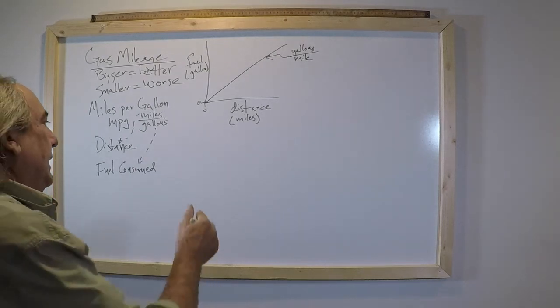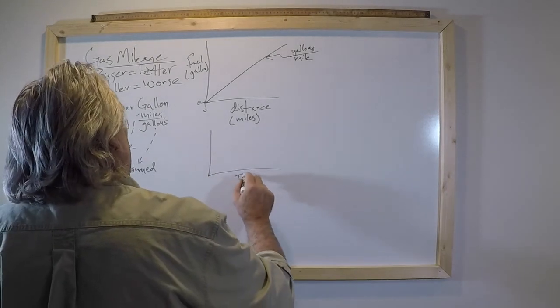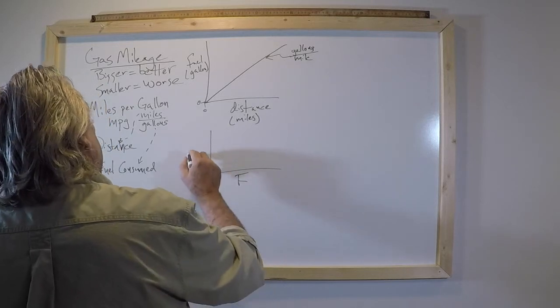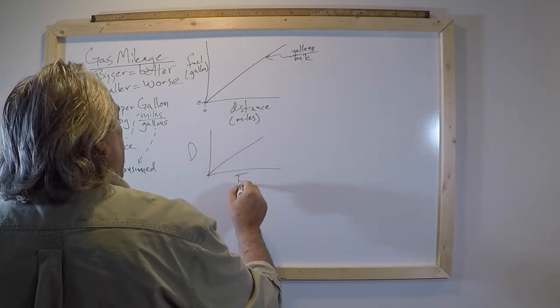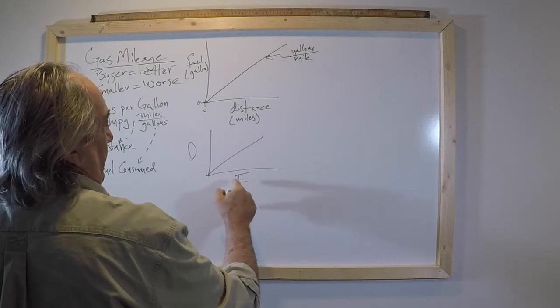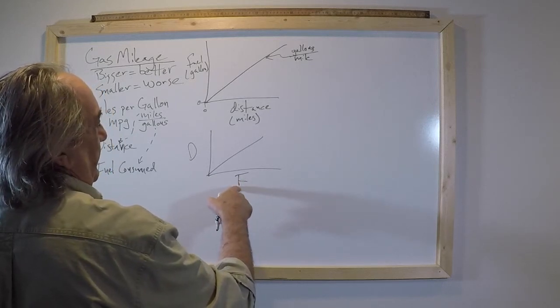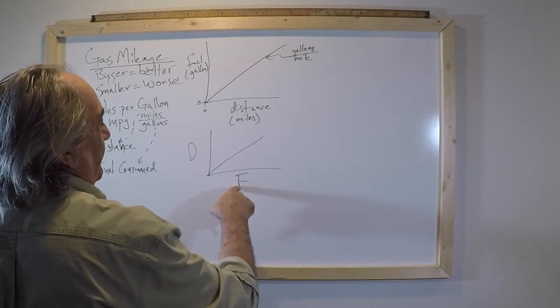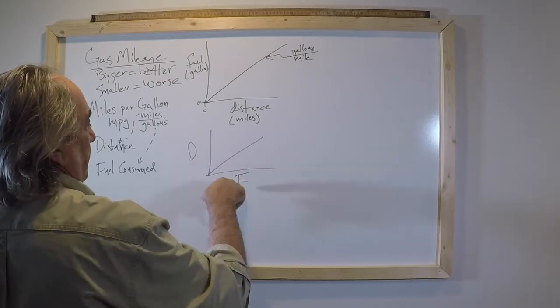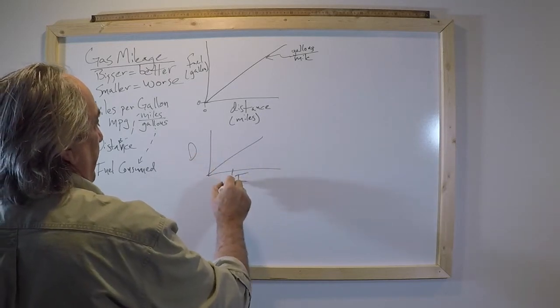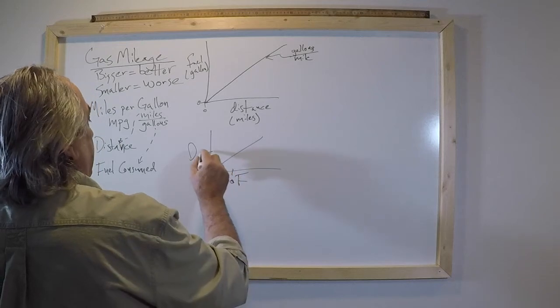We could do it the other way, where we have fuel and distance, but it just doesn't make as much sense. I burned 10 gallons of fuel, so I went some distance d.